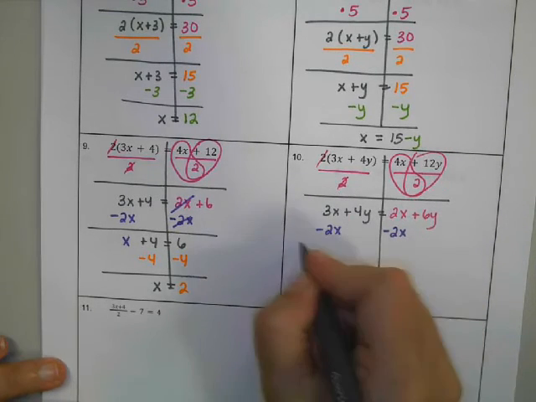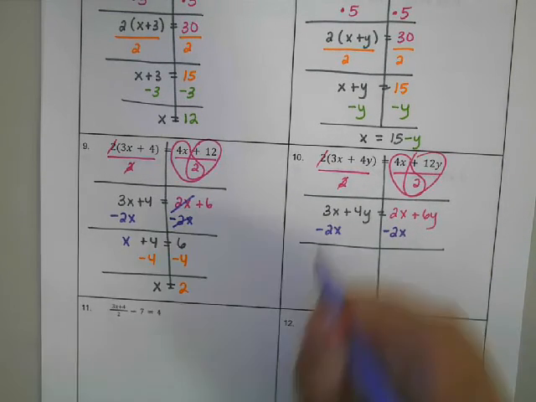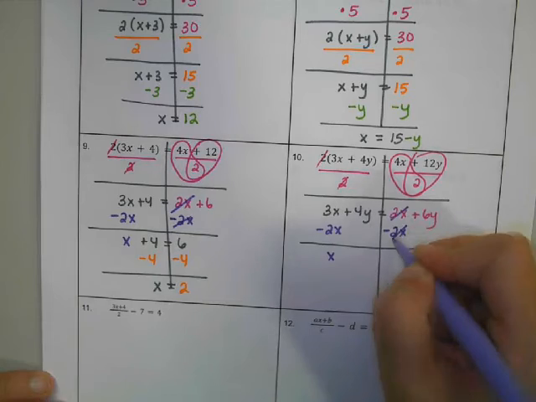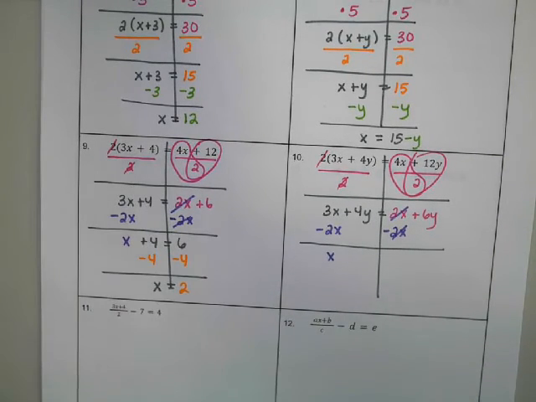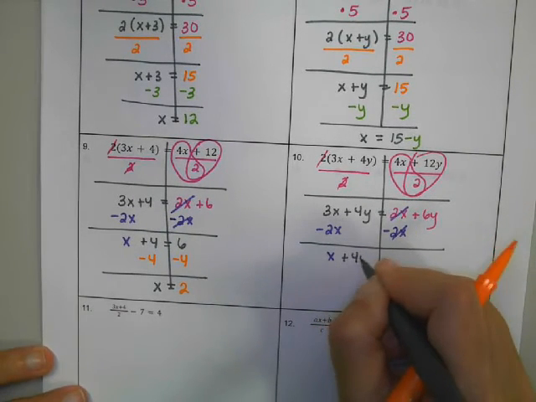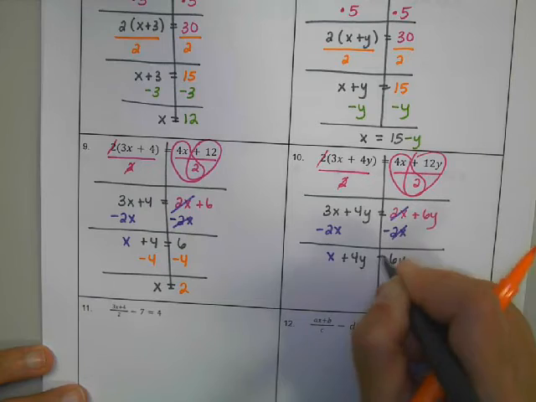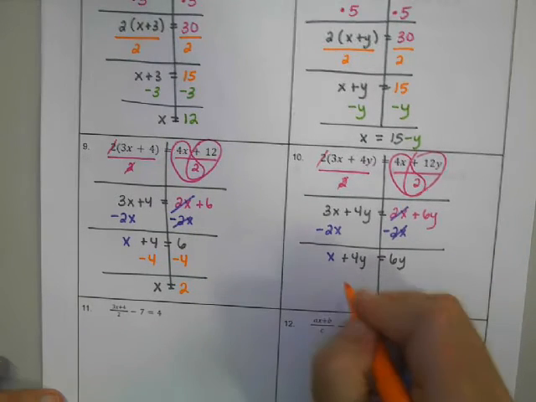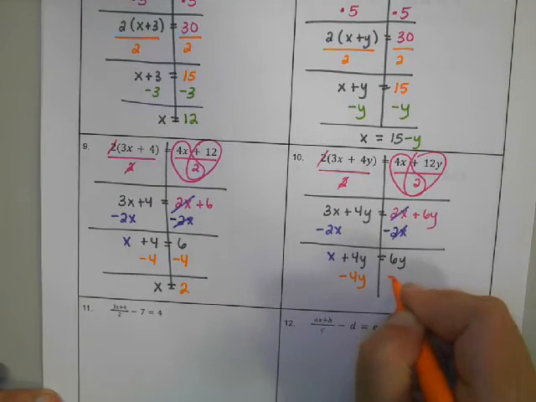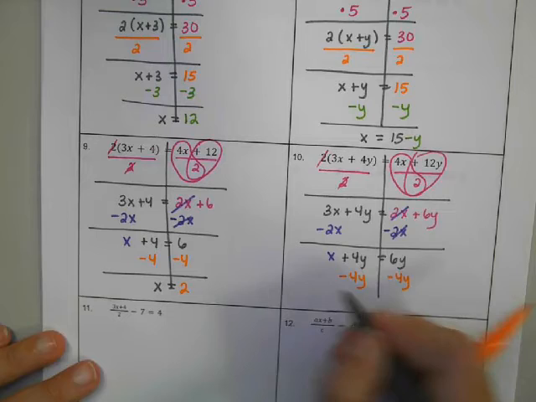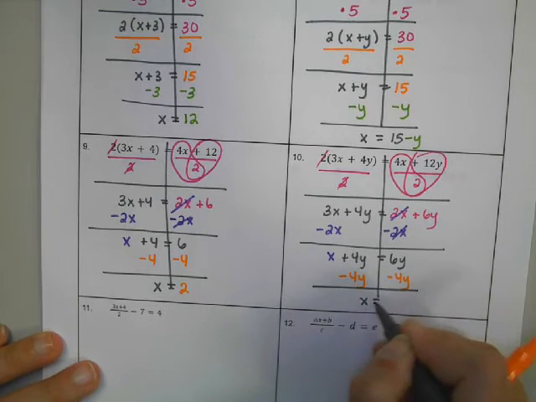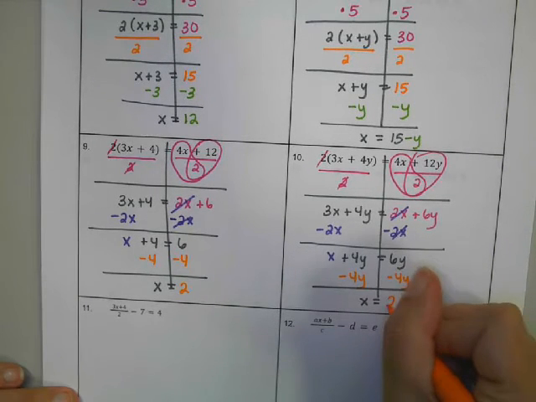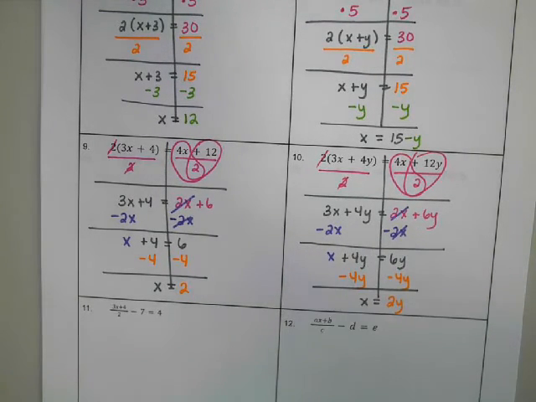When I do that, that gives me 1x, and then the x's cancel. And I'm just going to drop down my plus 4y and my 6y. Last but not least, this time, instead of just subtracting 4, I'm going to subtract 4y on both sides. And 6 minus 4 is 2y as my answer.